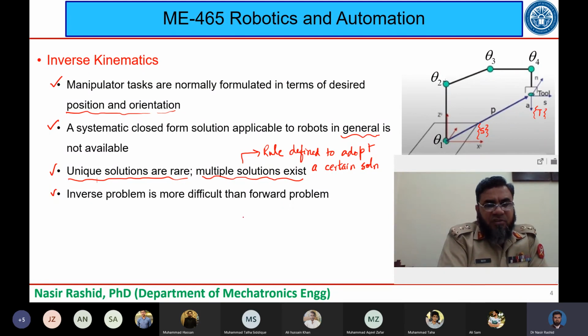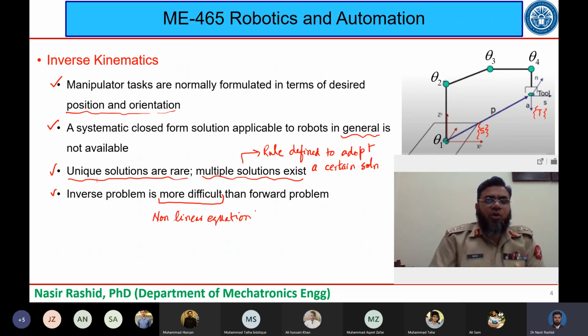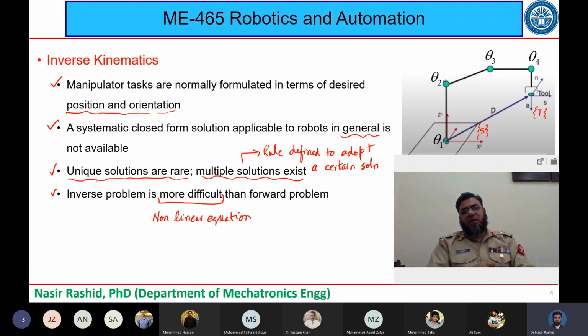We have already discussed this. And why is it more difficult? Actually, the equations which we are dealing with are non-linear in nature. So the equations which we will be dealing with to find the solution of inverse kinematics will be non-linear equations, so obtaining their solution will be a difficult task.